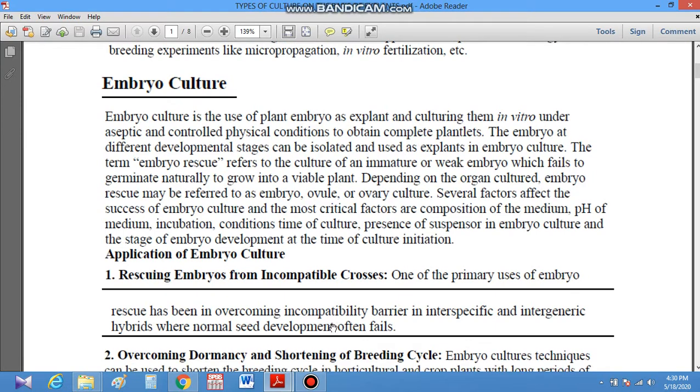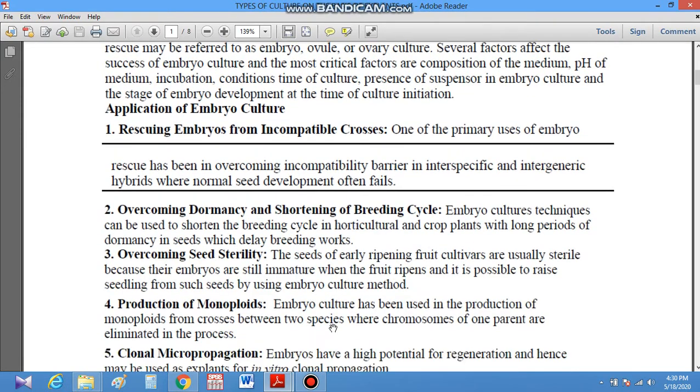When we talk about the applications of embryo culture, it is useful in making distant crosses, interspecific or intergeneric, and in obtaining haploid plants from interspecific and intergeneric crosses. Orchid seeds lack stored food and are unable to propagate, so embryo culture is useful in getting seedlings in such species and in orchid breeding.